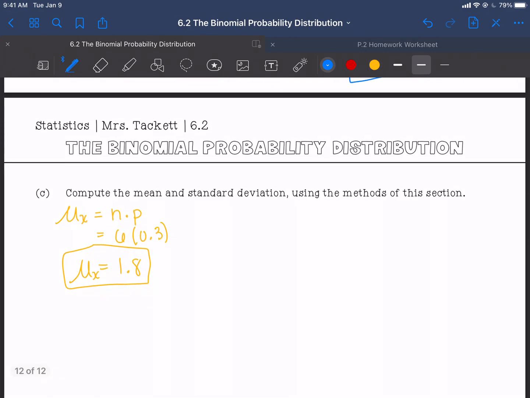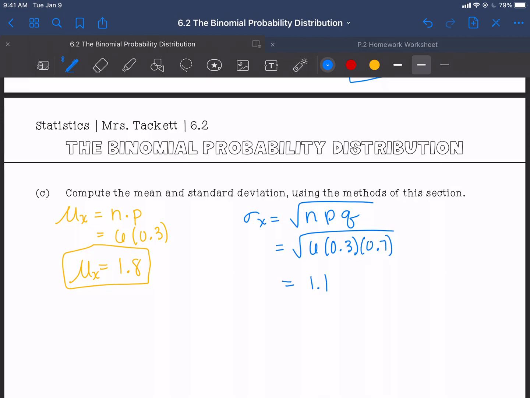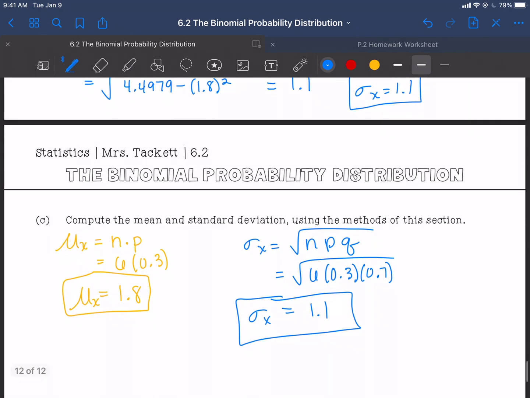The standard deviation is the square root of n times p times q. So that would be 6 times 0.3 times 0.7. Take the square root of that, and you get 1.1, which is exactly what we got before. Okay, so notice both ways work. So it's nice to have your options there depending on what information you have maybe in front of you.